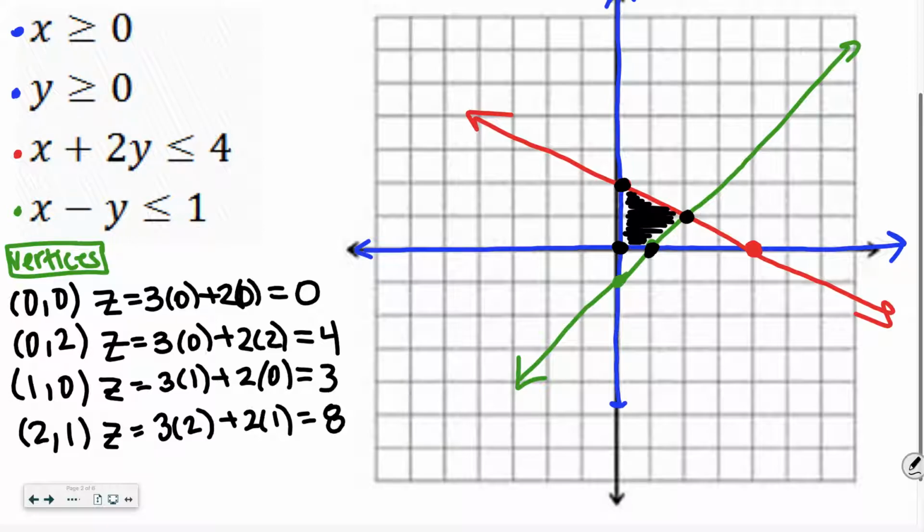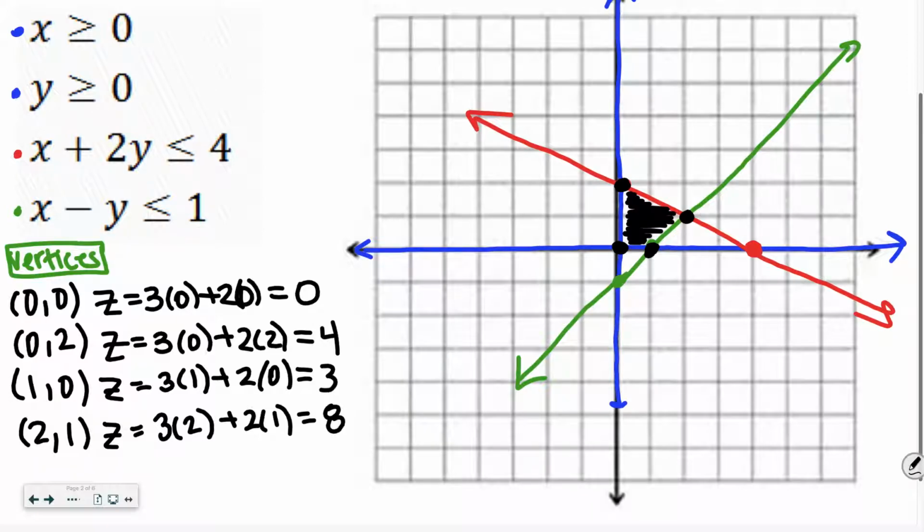Now, in the problem, we have been asked to find the maximum and the minimum, correct? Okay, so this is where we make a decision based on our objective quantity. What is the minimum value of z we found? 0.